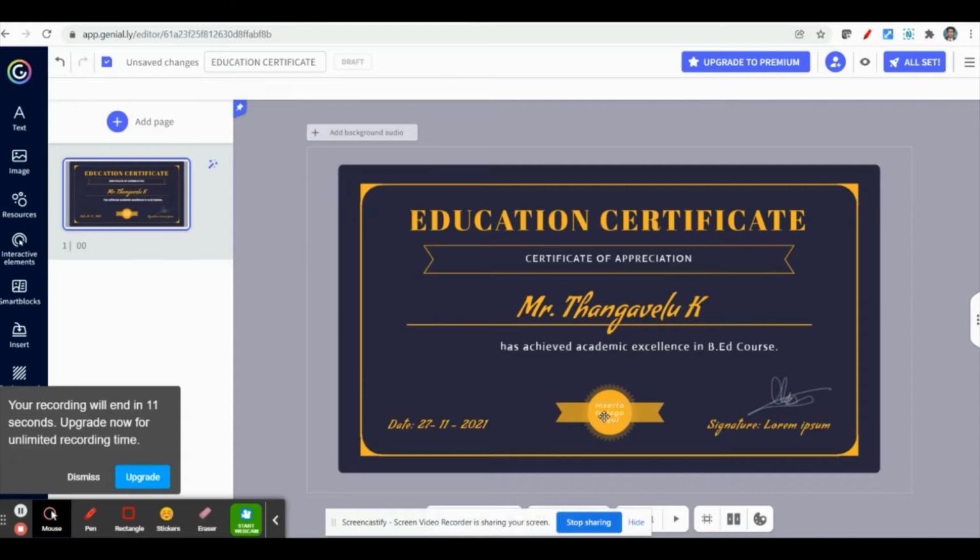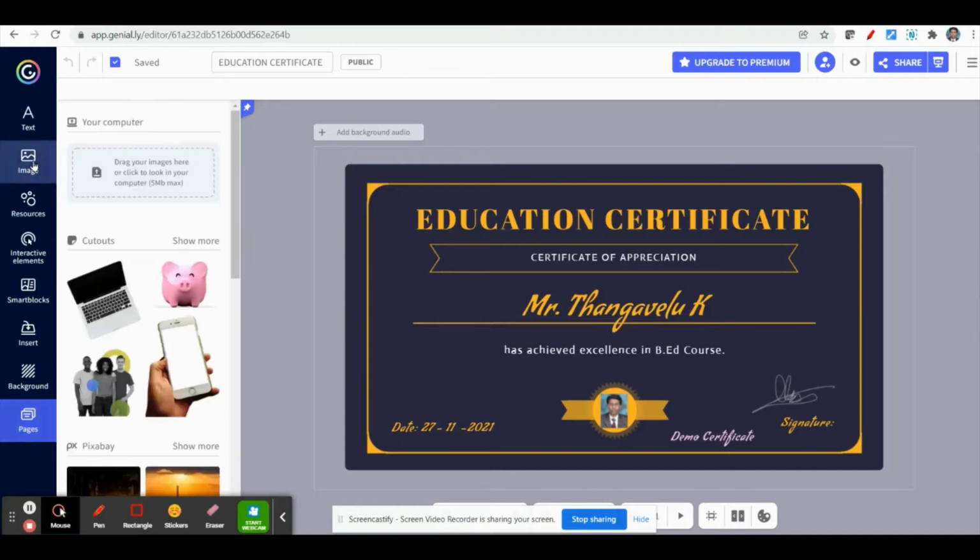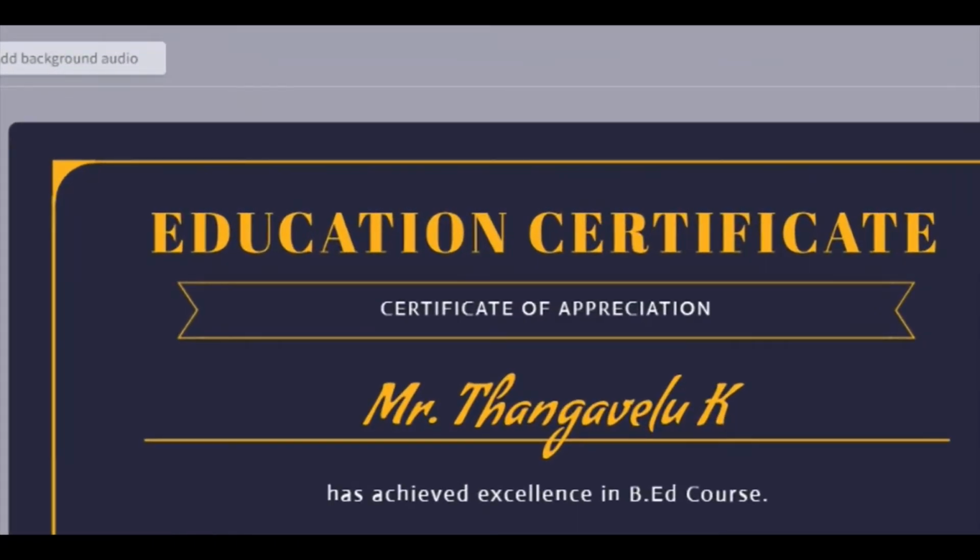So we can insert the logo. If you want to insert any logo or picture or photo, whatever you want, you can insert. For example, let me integrate my photo for the certificate. For that, you have to click image, and you can find a box like this. Drag your images, or if you click, you can insert the picture from your computer.